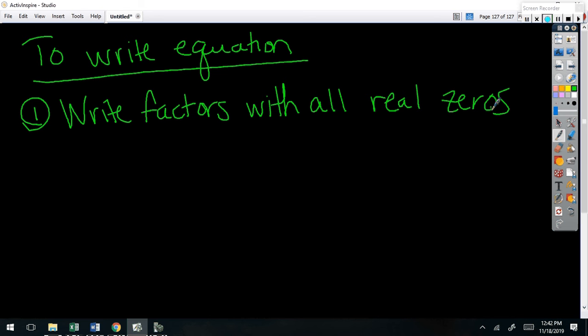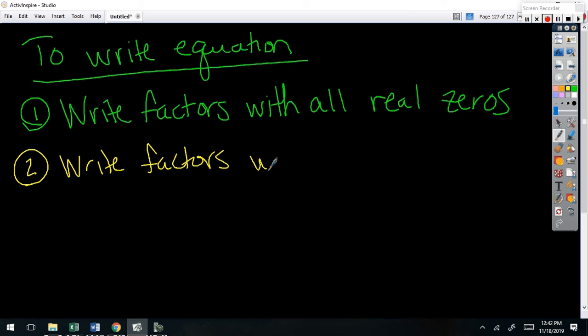Those are easy, right? If I said 2 and 3 are zeros, then the factors would be x minus 2 and x minus 3. It's just x minus whatever that zero is. But then we need to write the factors with the complex zeros.